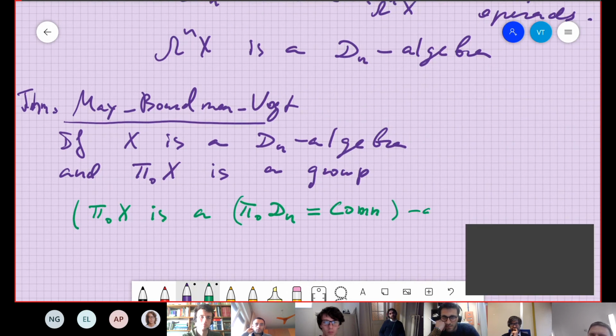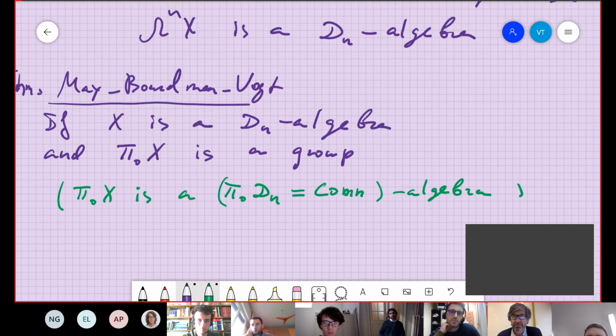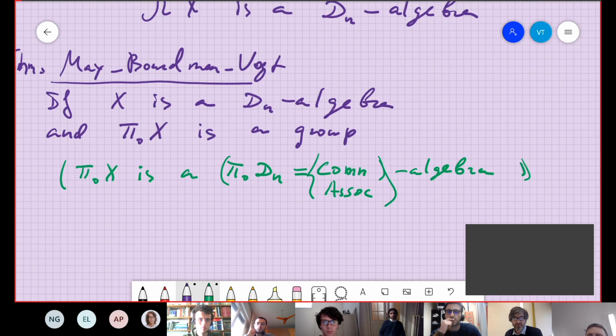So in other terms, pi 0 of X must be a commutative monoid. Well, actually, it's commutative if n is at least 2. You can get the associative operad if n is 1. But on the level of pi 0, it's either the commutative operad or the associative operad. Therefore, pi 0 of X must be either an associative monoid or an associative and commutative monoid.